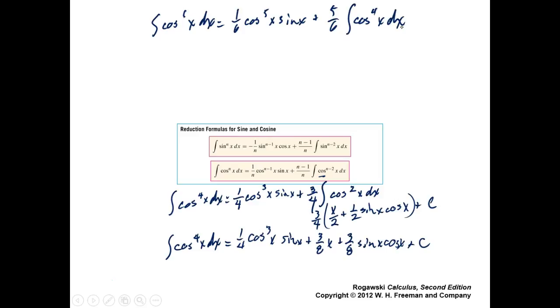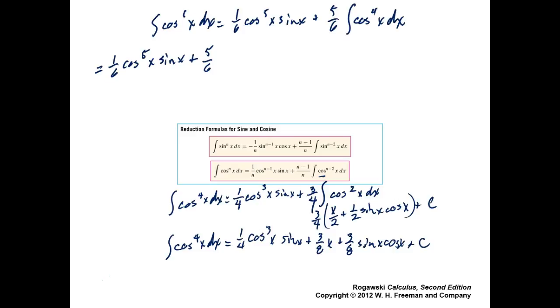Time out again. Okay, so start over here. That's 1/6 cosine fifth x sine x. It is a 5 there. Plus 5/6. Wait, didn't we? No. Oh, guess we did. Yeah, we're fine.